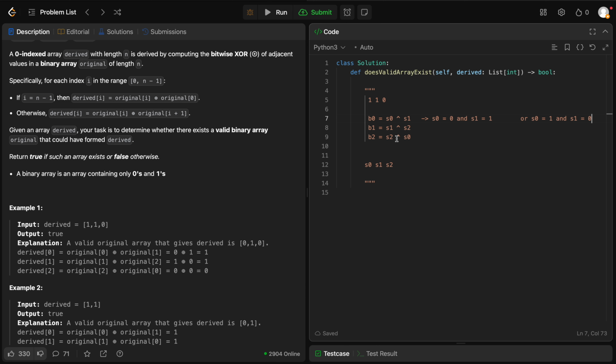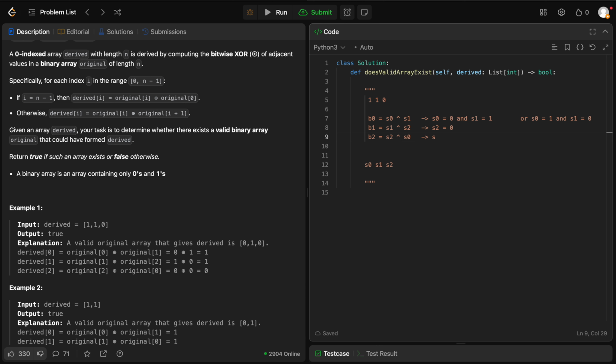Again it's 0 or 1. Let's write it more. In this case, if S0 is 0 and S1 is 1, we know that S2 is equal to 0.